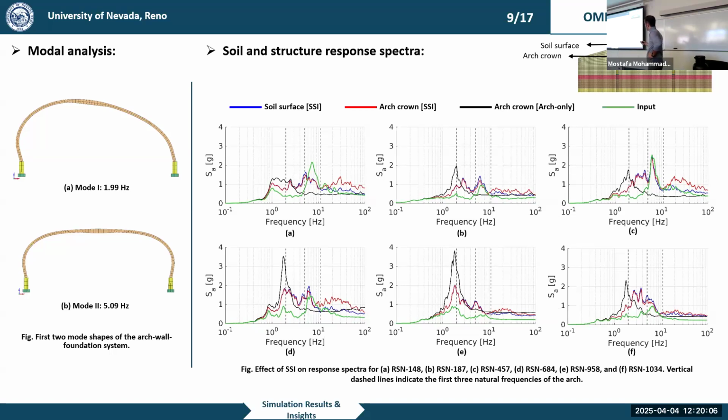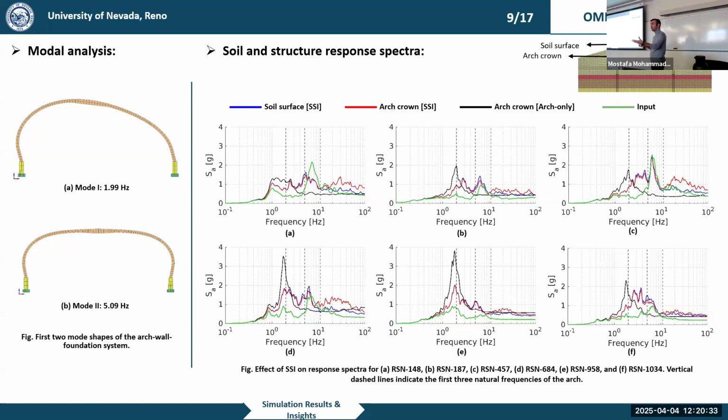One interesting thing we can take a look at is the black curve. We can see that the amplifications of the black curve, for the first one, second one, third one, and up to the last one, are all happening around the first fundamental mode. So it seems that if we have the arch structure only, the first mode will be controlling the deformation of our structure.